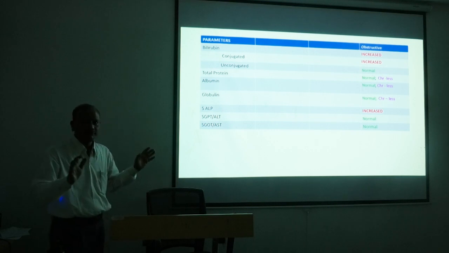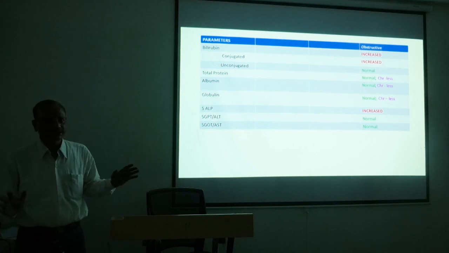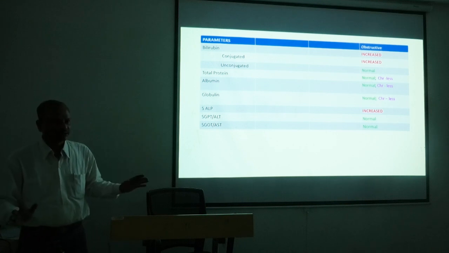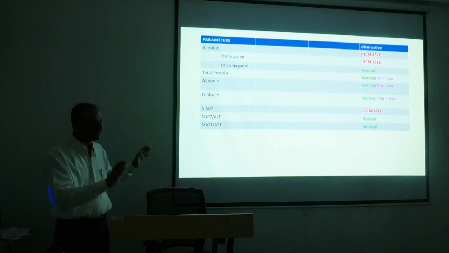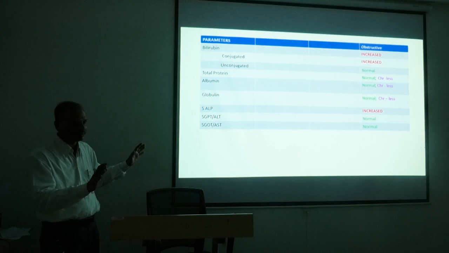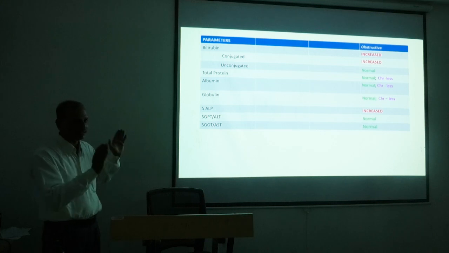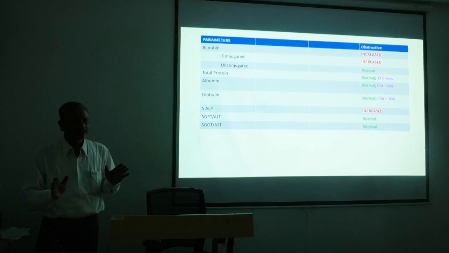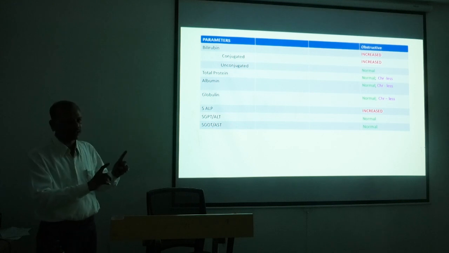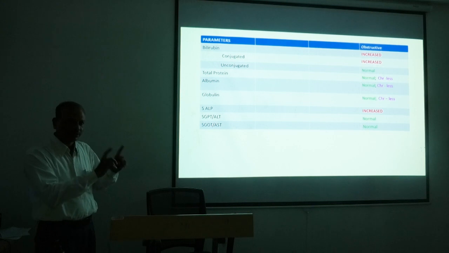So the marker enzymes for liver damage are ALT and AST. The marker enzyme for obstruction is ALP. In all 3 conditions, bilirubin level will be high. In hemolytic jaundice, it will be predominantly unconjugated hyperbilirubinemia. In hepatocellular and obstructive jaundice, it will be predominantly conjugated hyperbilirubinemia.